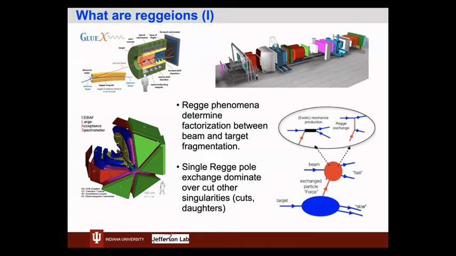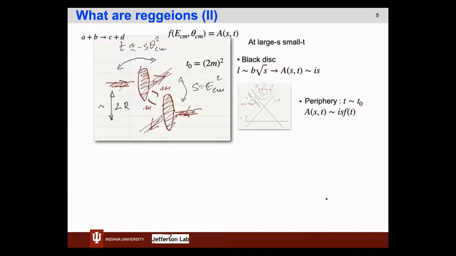And of course, this type of factorization essentially implies that whichever way this reaction proceeds must somehow correspond to an exchange of an object with particle-like characteristics that can be moved between different beam-target configurations. And these particle-like characteristics are what characterize a reggelon. So a reggelon is, in a sense, an effective particle. So that is a very crude introduction to what reggelons are.